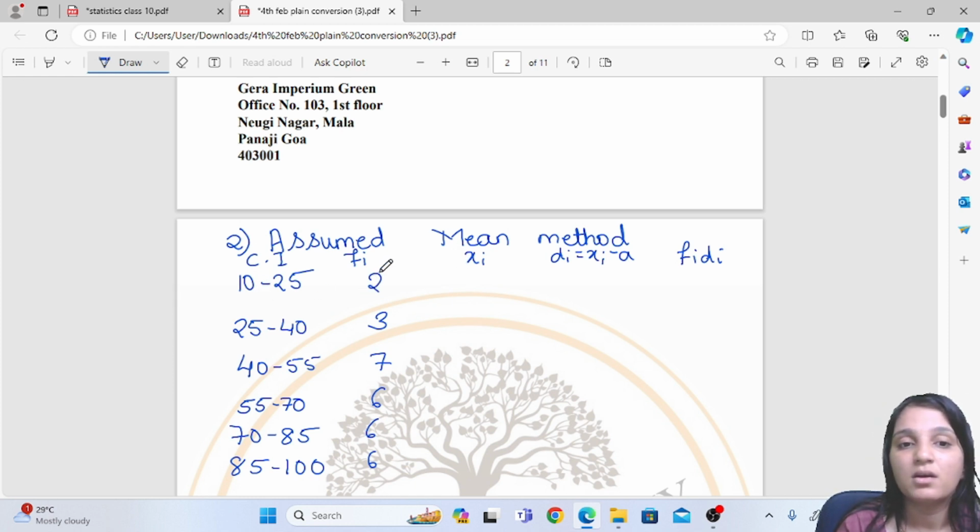See, here this is the lower limit, and this is the upper limit, and this is the lower limit. So class mark is lower limit plus upper limit divided by 2. So 10 plus 25 upon 2, so 35 upon 2, and 35 upon 2 is 17.5.